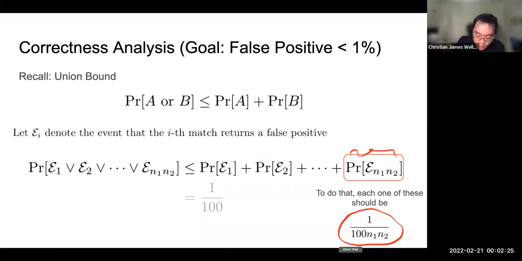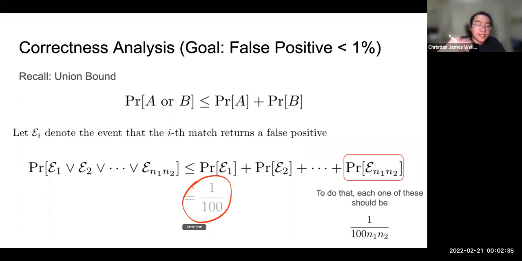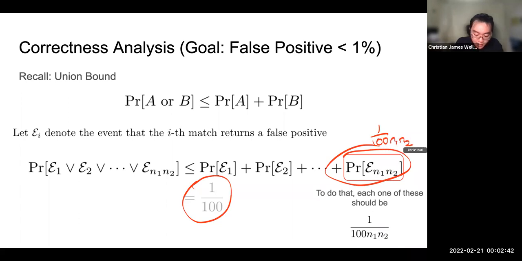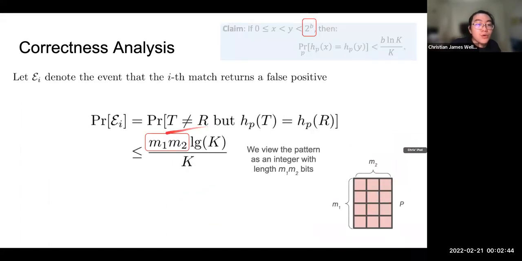Why? Because there are n1 n2 terms, and if you multiply this by n1 n2, this is gonna end up 1 over 100. So we work backwards and try to get this probability to be 1 over 100 n1 n2. Okay? So when does the false positive happen?